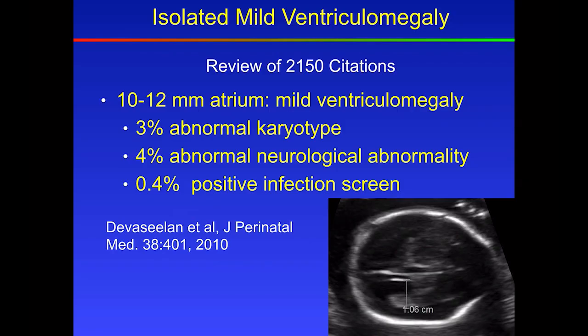We take these patients and offer them MRI if we see it before 24 weeks, and even after 24 weeks, but we usually want to see that it didn't go on and progress. This patient had a 10 millimeter ventricle and a flattened lemon sign to the parietal bones, and this was a Chiari malformation.